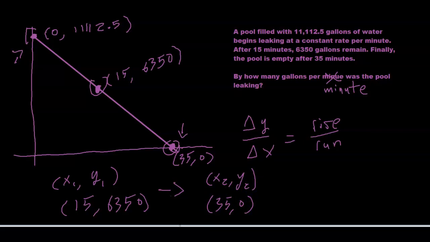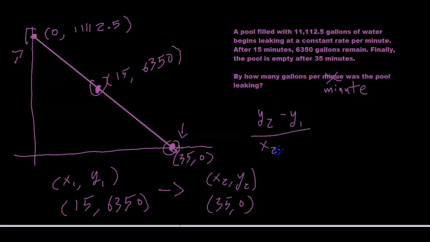And now we want to go ahead and calculate the change in y divided by the change in x, okay? So that means we want to calculate y2 minus y1 divided by x2 minus x1, okay?